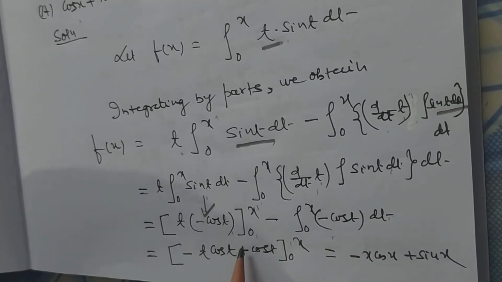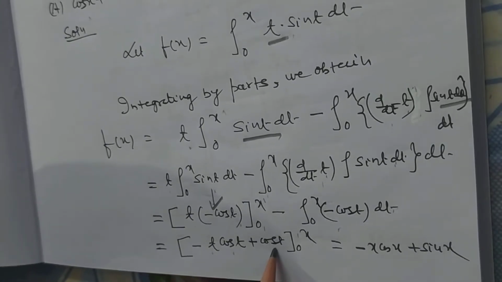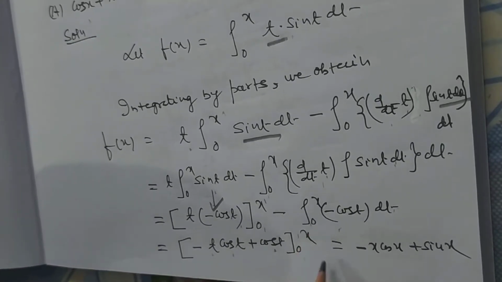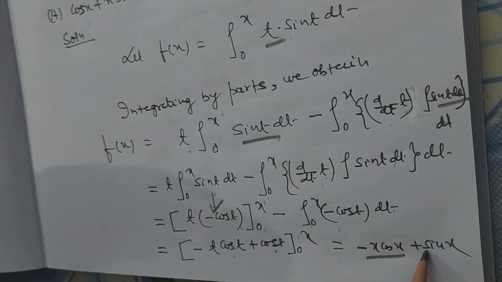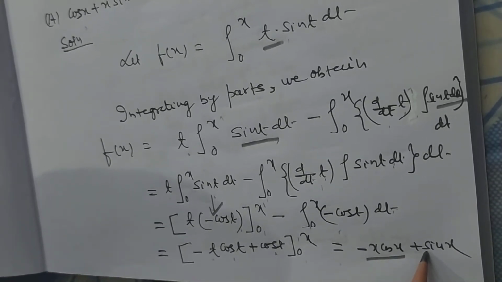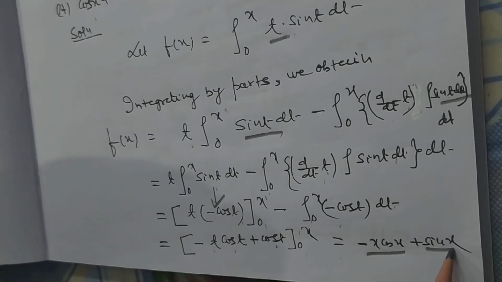And it will be how much? Minus t cos t plus cos t, from 0 to x. It will be minus x cos x plus sin x.